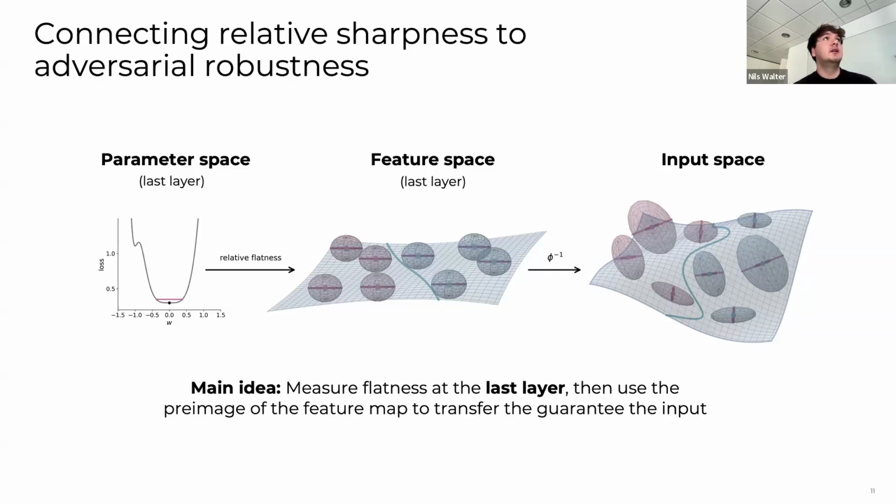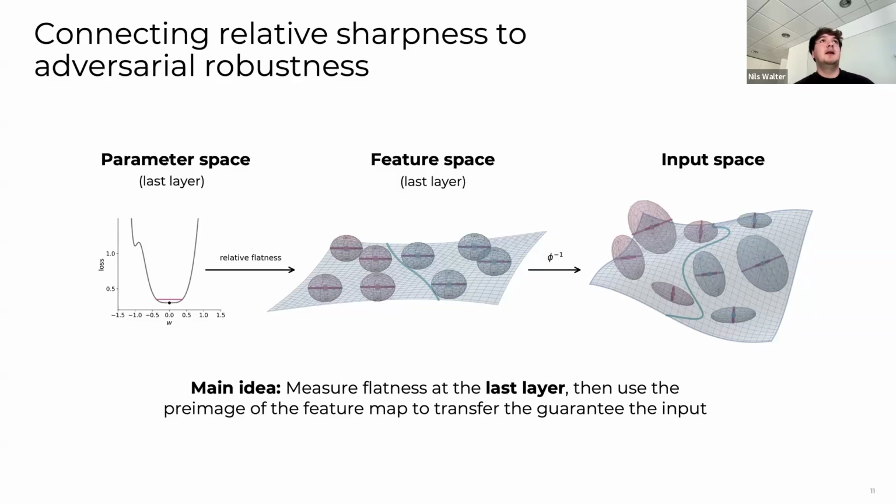And with that, we're going to give bounds in the penultimate layer, in the feature space. How much perturbation do we allow in the feature space, which then gives you these nice L2 balls, where you can guarantee that there will not be a certain loss increase. And if the loss is also less than ln 2, there will not be a prediction flip, meaning the model is adversarially robust in that region.